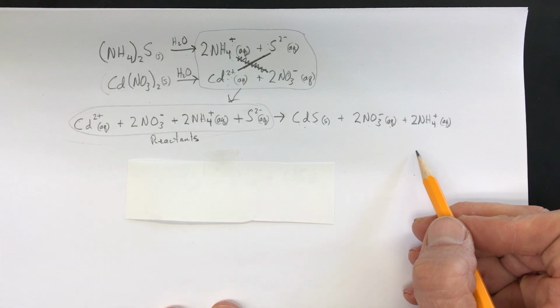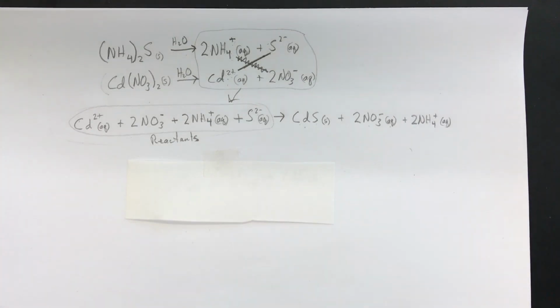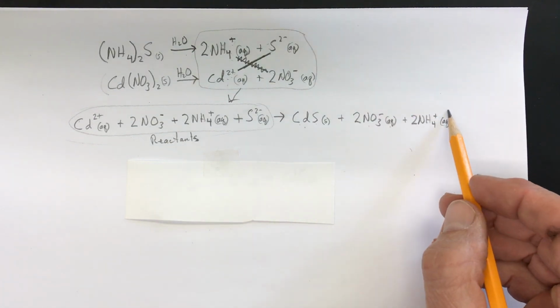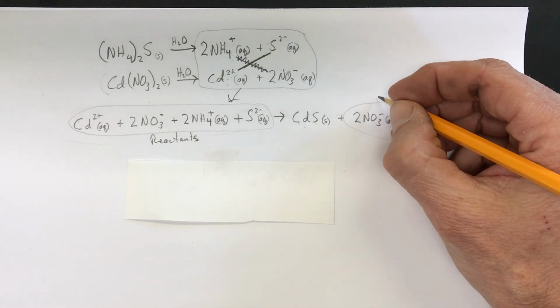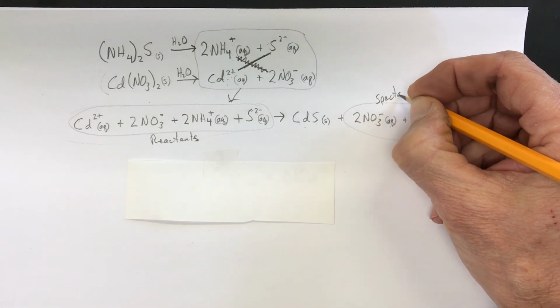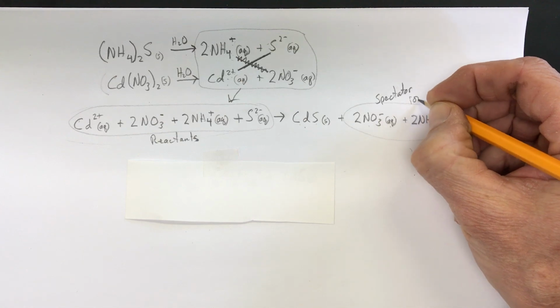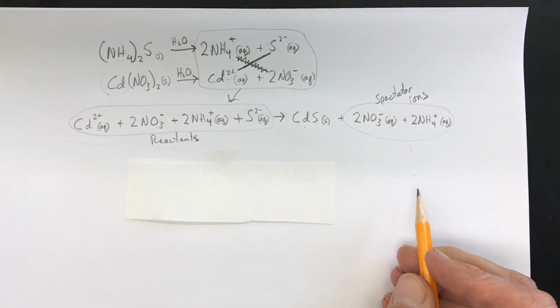Now, what do you call people that go to a sports event, basketball, football, whatever, hockey, and they watch the game but they don't participate? Those are called spectators. And so these ions here we call spectator ions. They don't get to participate.